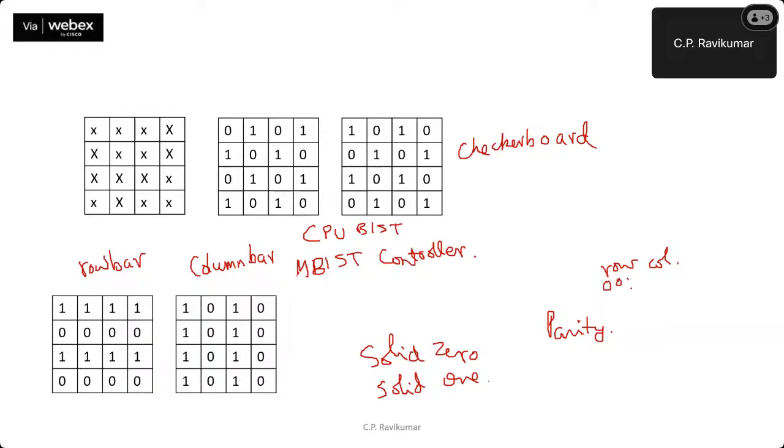Suppose the row address is 001 and the column address is 011. Count the number of ones. In this case, the number of ones is 3. If you are looking at even parity, you will write 1 in cell 1 comma 3. So this is cell 1 comma 3, row 1 and column 3, if you are doing even parity.